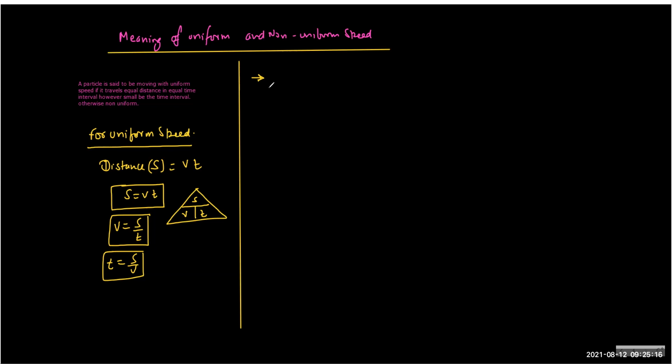See, acceleration has to do with velocity, not speed. So if speed is uniform, it will never guarantee that velocity is uniform. And because it will not guarantee that velocity is uniform, it will never guarantee that acceleration is zero. So we cannot say affirmatively that if speed is uniform, acceleration is zero.